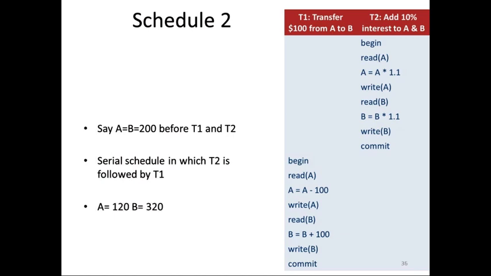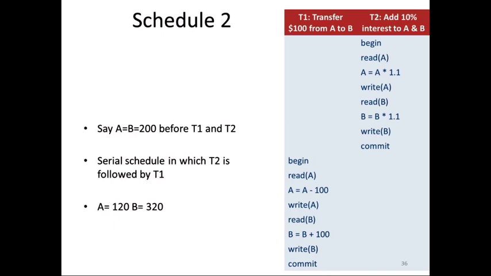So what we can see already from this example is that different serial schedules may lead to different final states, or different end results of the database. And we see both of these serial schedules as possible, correct, or acceptable.